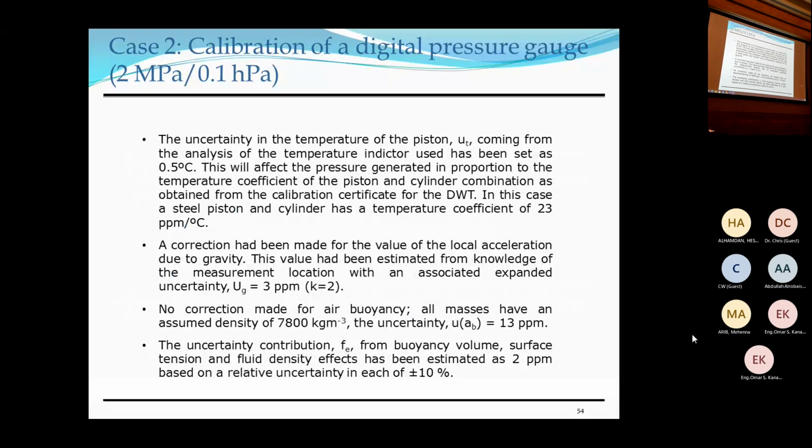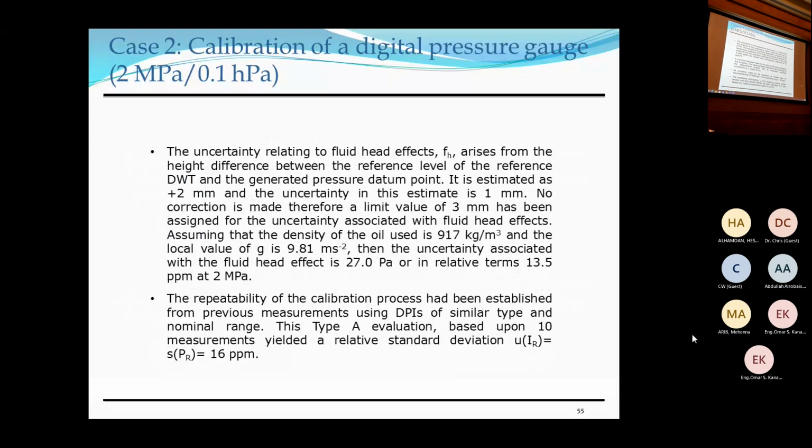So if your calibration, as in this case, has a required relative uncertainty of 100 parts per million, then you have to start considering all of these small contributions to the uncertainty. If the uncertainty that is required is larger, then obviously some of these uncertainty contributions will not really play any role.